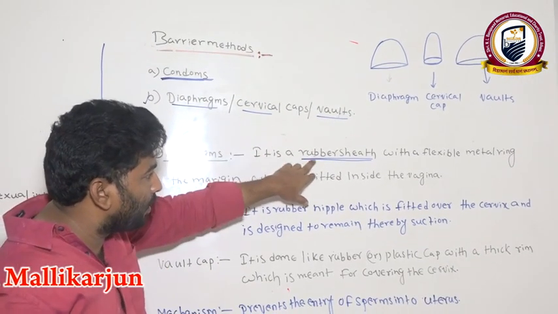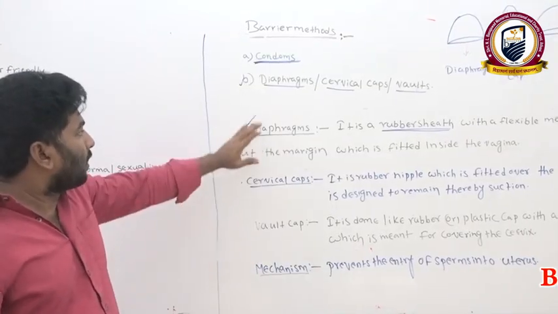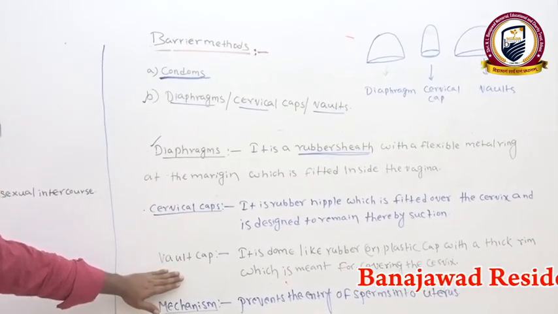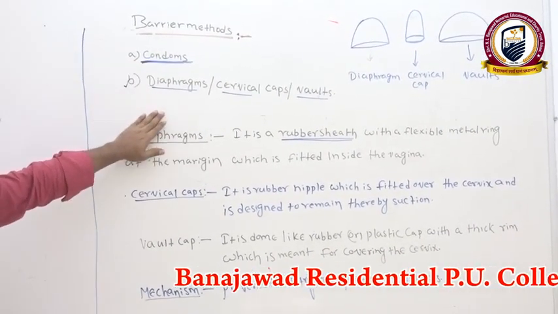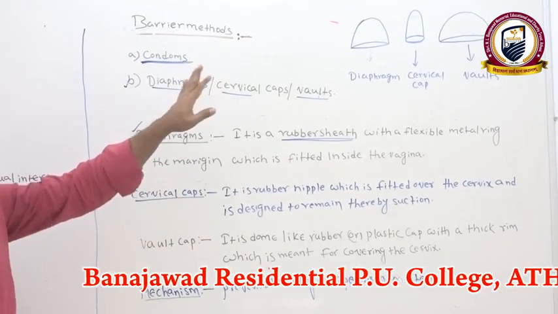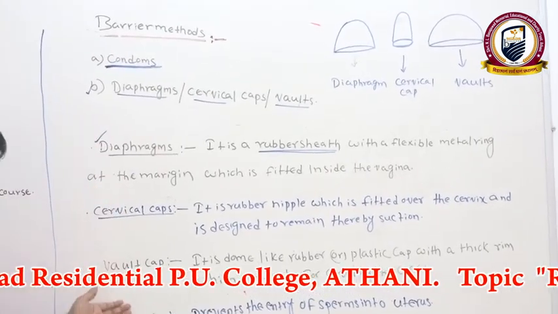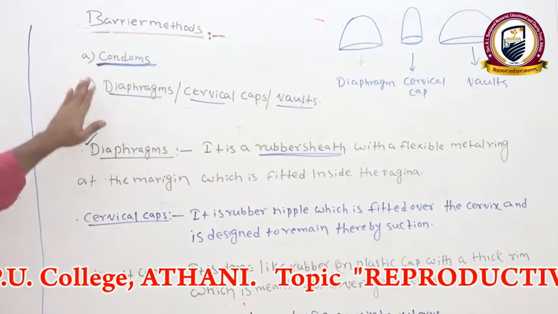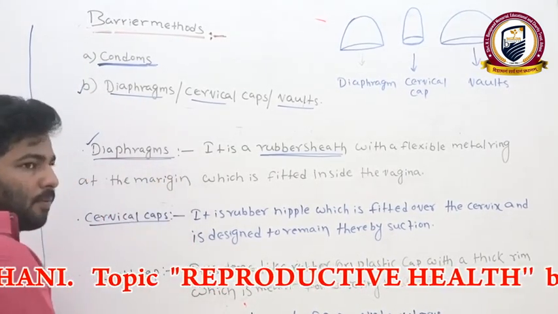These are a little bit similar to condoms, but the difference is the manufacturing material, and the shapes of cervical caps and diaphragms are different from condoms.